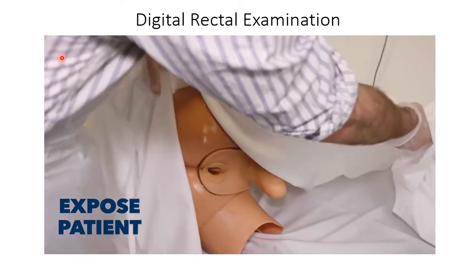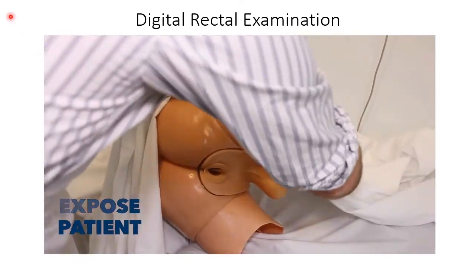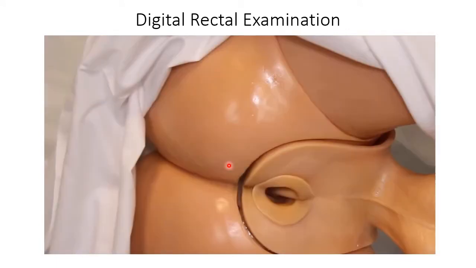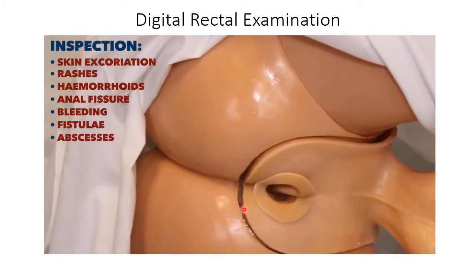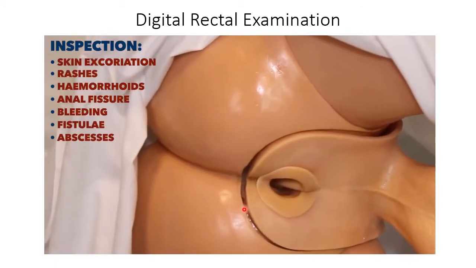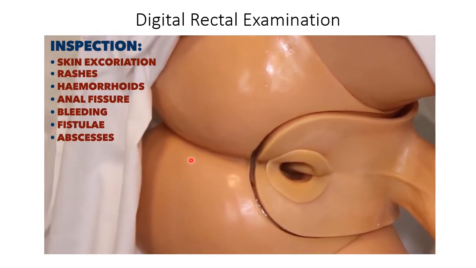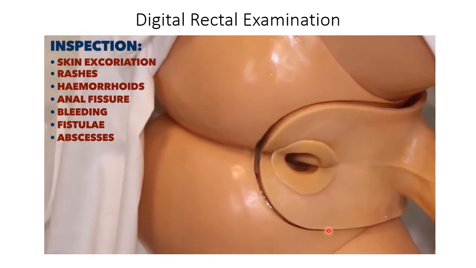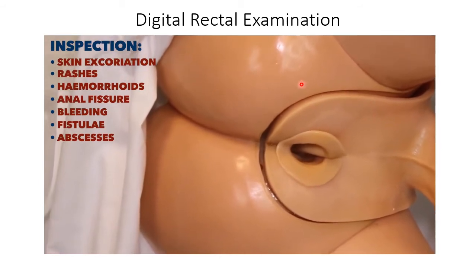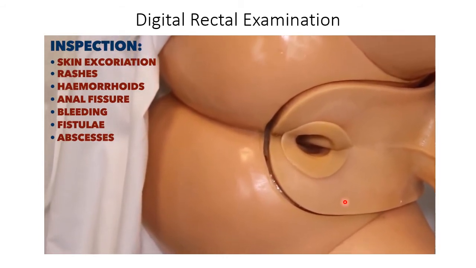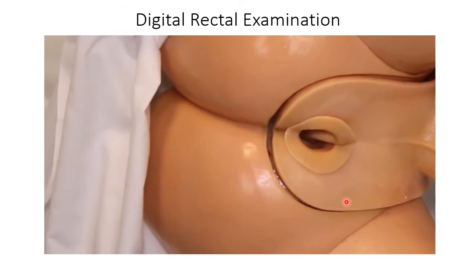Expose the patient adequately, and then start by inspecting the perianal region for skin excoriation, rashes, hemorrhoids, fissures, bleeding, fistulae and abscess. Also palpate softly around the perianal region looking for tenderness.